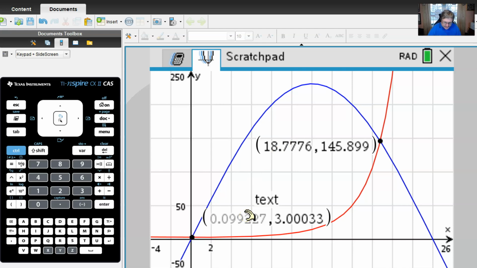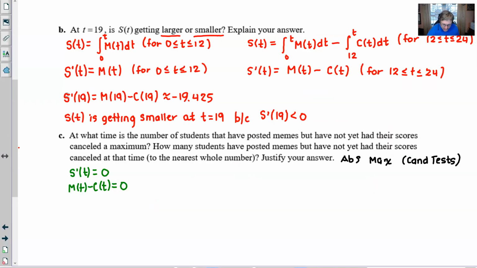Let's go back to our document. So our values here say that t is approximately 0.099 and 18.778. Now don't forget, we also have to include our good friends, the endpoints.